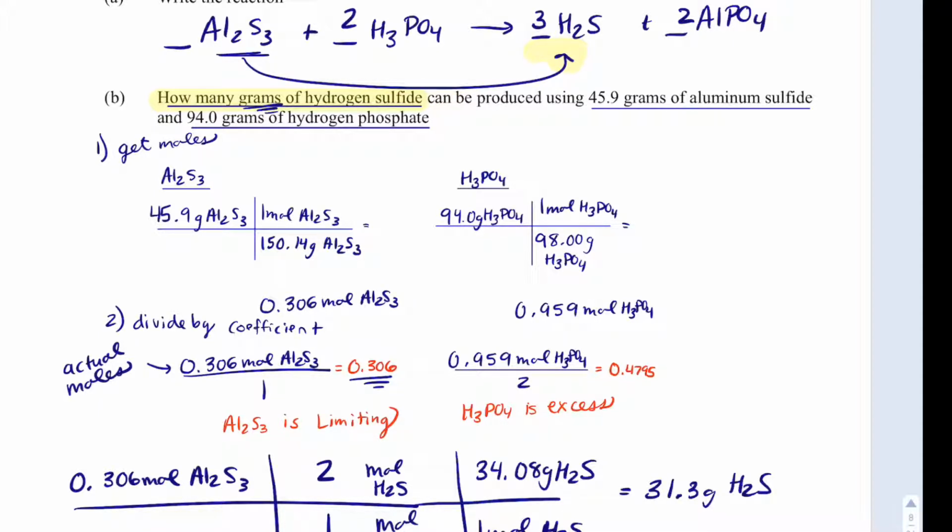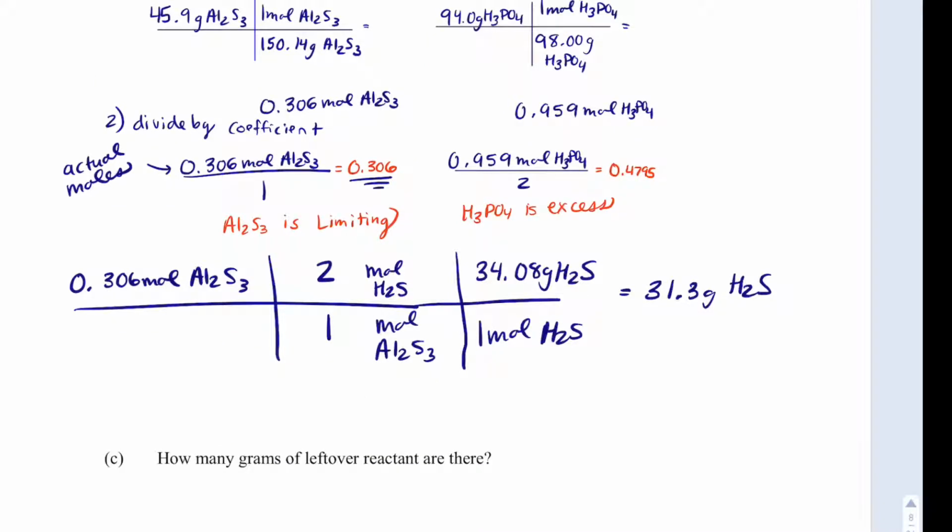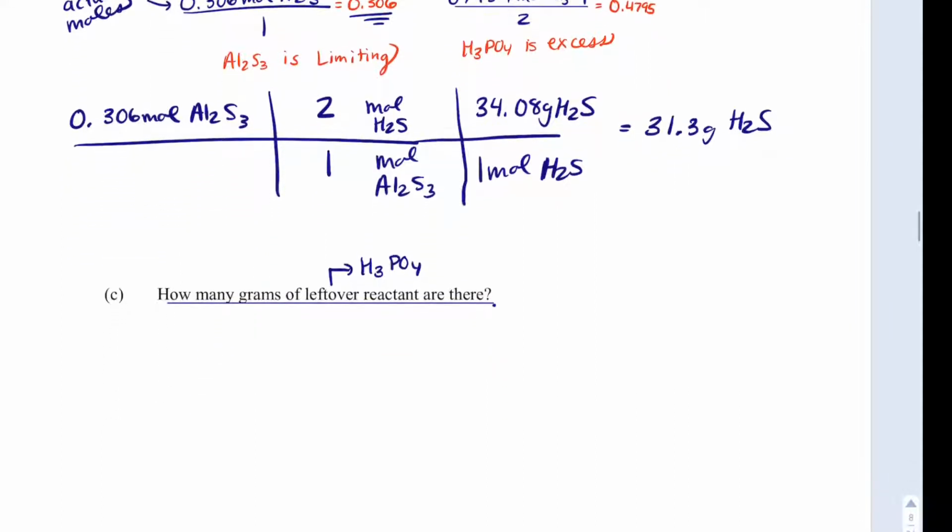This next question is kind of a hard one, and it's the same reaction, but it says, how many grams of leftover reactant are there? Well, we've already decided that H3PO4 is excess, so that means that it's left over. So this is saying how many grams of H3PO4 are actually left over. And so here's how I'm going to do this one.